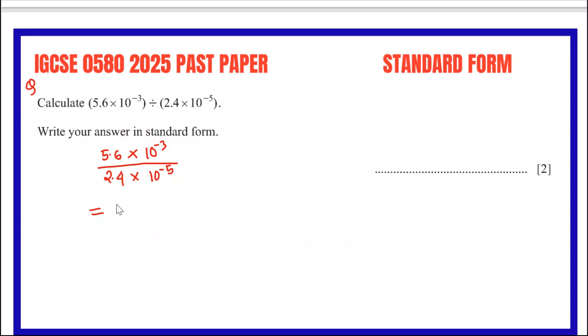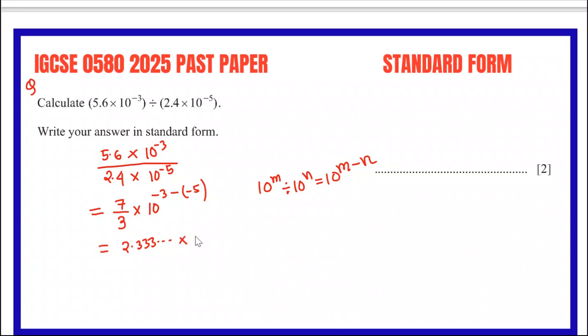If we cancel out with 8, 8 times 7 is 56, 8 times 3 is 24, so we get 7 over 3. We use the property 10 power of m divided by 10 power of n is equivalent to 10 power of m minus n. That means we write 10 power of minus 3 minus 5. So 7 over 3 is equivalent to 2.333 repeating times 10 power of minus 3 plus 5, which becomes 10 power of positive 2.